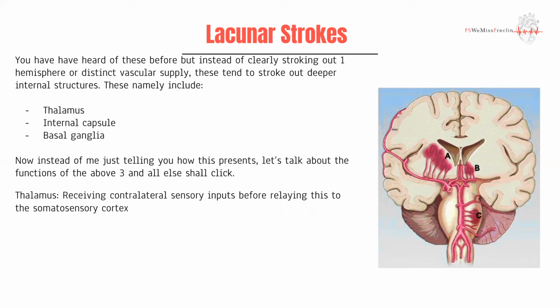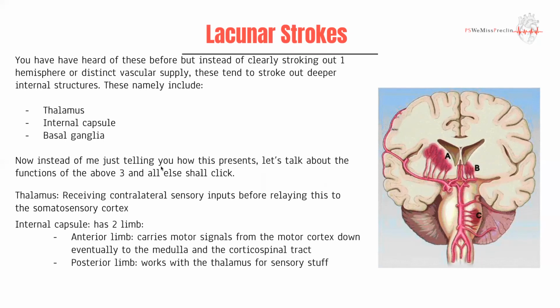So what does the thalamus do? The thalamus receives sensory inputs from the other side of the body before relaying it to the somatosensory cortex. So let's say your right thalamus is receiving sensory inputs from the entire left side of the body. The internal capsule has two limbs, an anterior limb and a posterior limb.